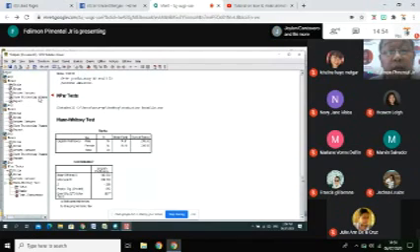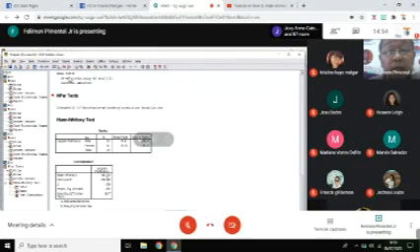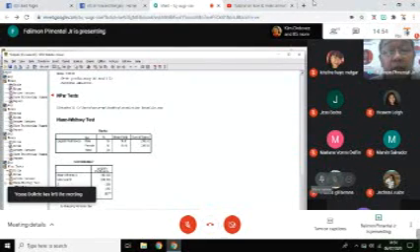From the Mann-Whitney test, you will now have the Mann-Whitney U, which is 102.5. And the asymptotic significance is 0.692.